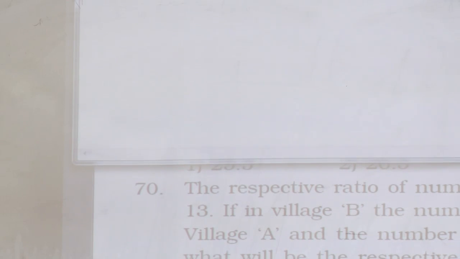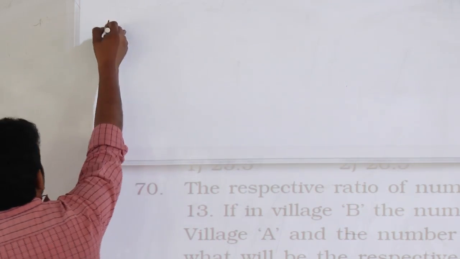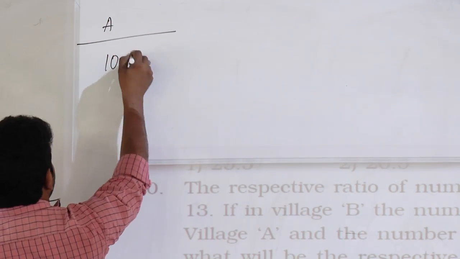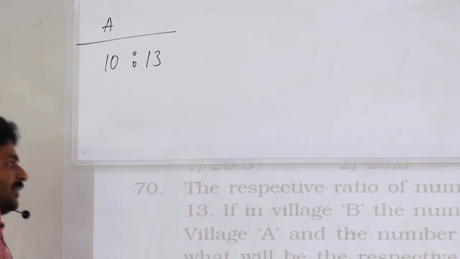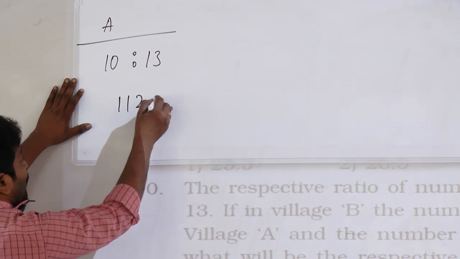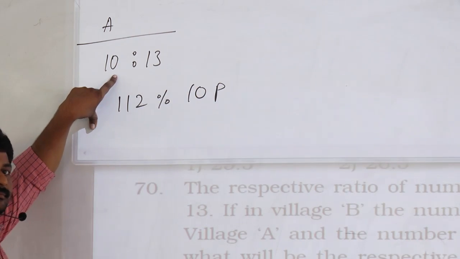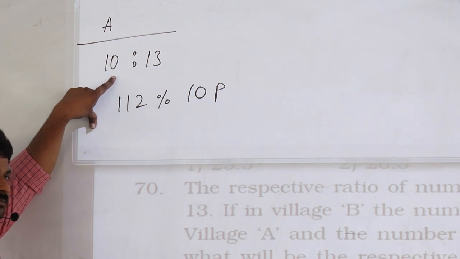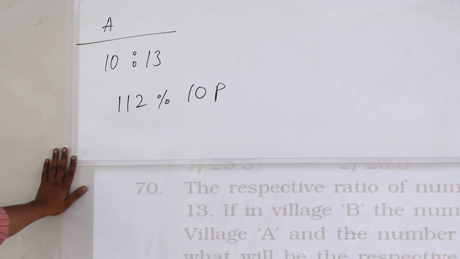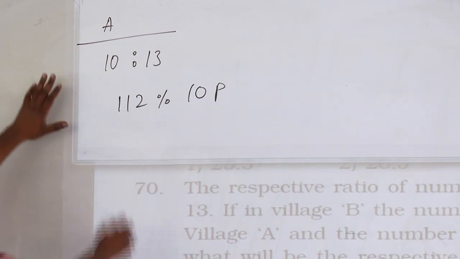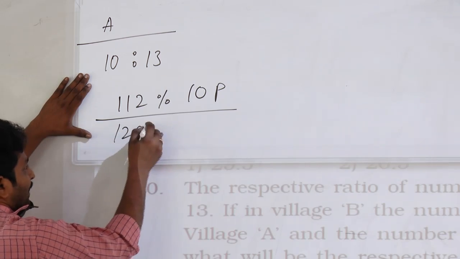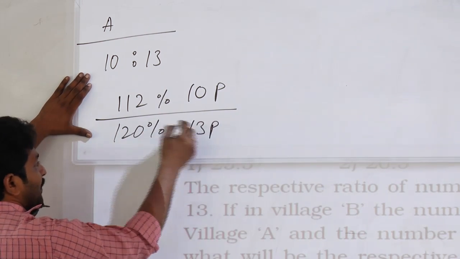Ratio of number of males to number of females in village A is 10:13. In village B, the number of males is 12% more than the number of males in village A. 12% more, that will be 112% of 10 parts. And the number of females increases by 20%, so that is 120% of 13 parts.